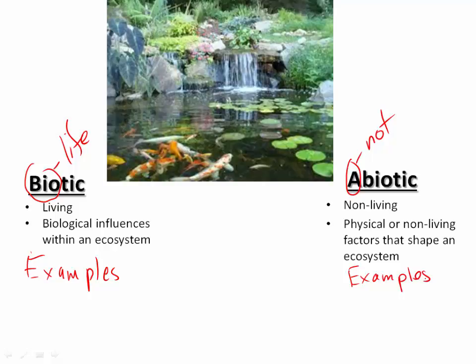Just two or three on your sheet. You have them there if you're looking at this picture here. What are some biotic factors and what are some abiotic factors? We will go over those in class. We'll take a peek at some of the examples that you guys came up with.